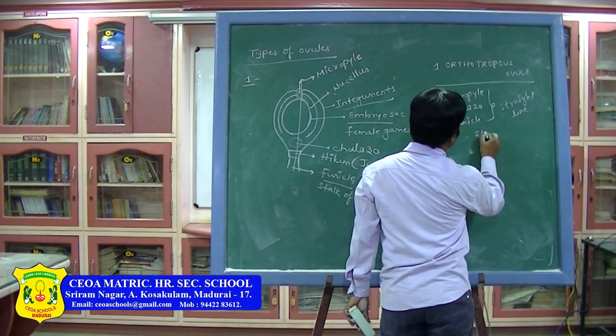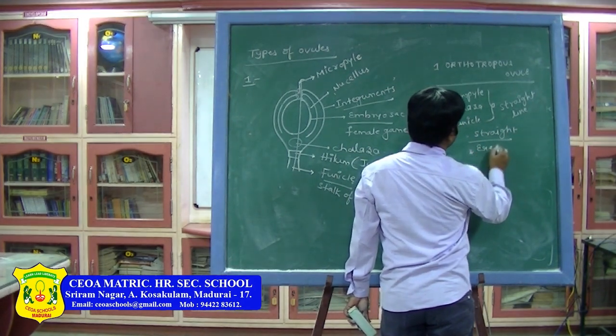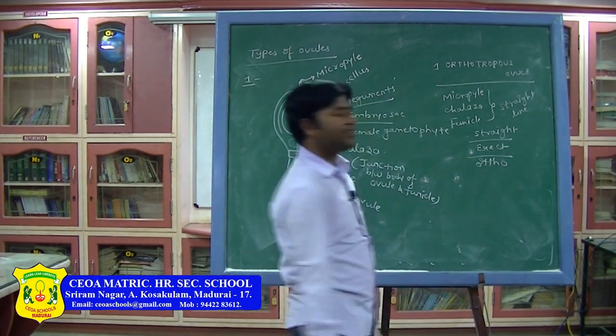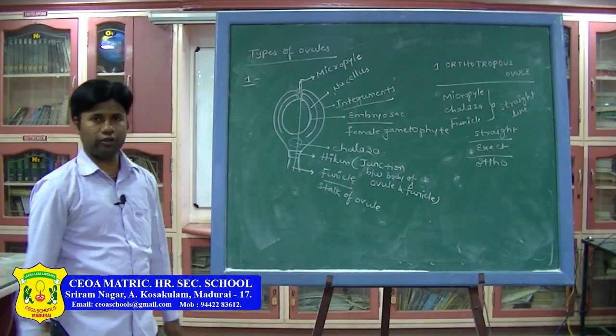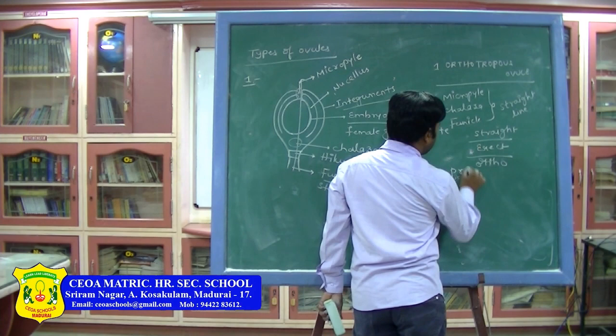Orthotropous ovule is a straight ovule, or else an erect ovule. Straight, erect or orthotropous ovule. Next, it is a primitive type of ovule.